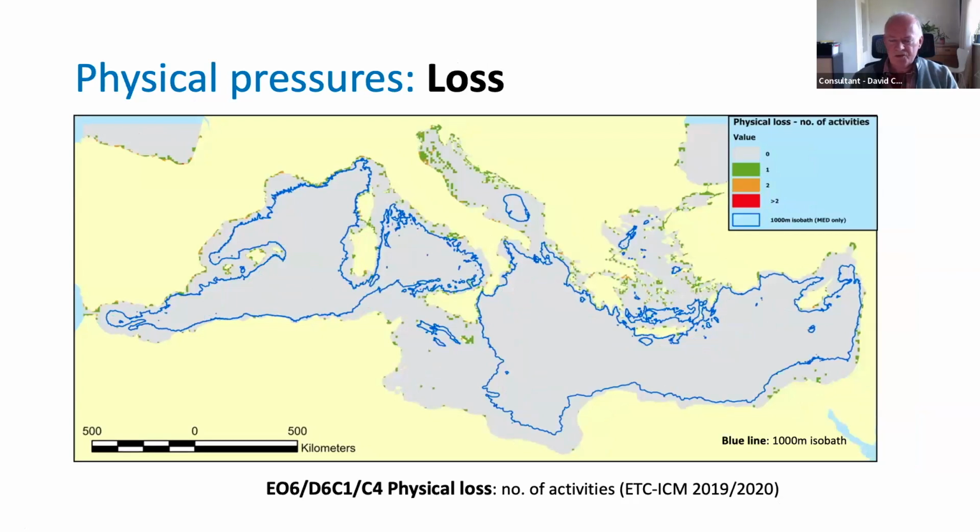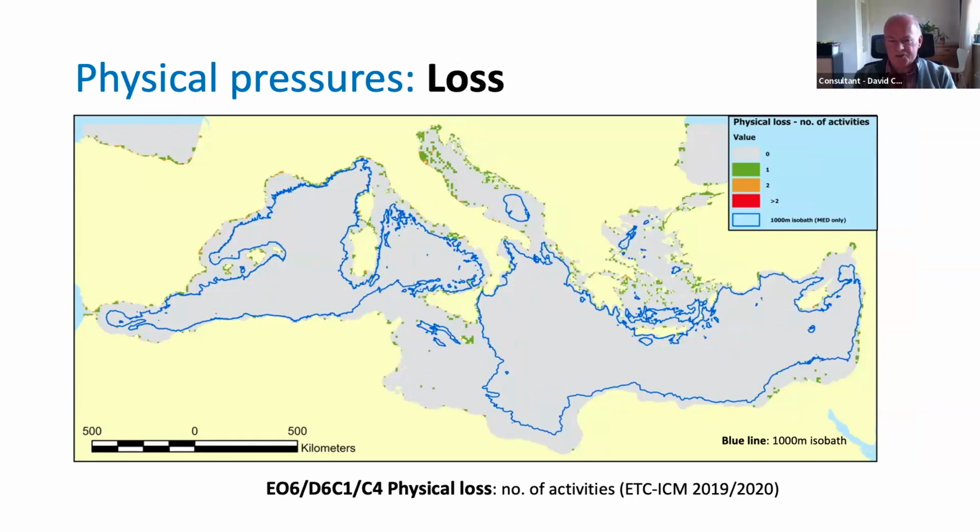When it comes to physical loss of the seabed, it is a very damaging activity, of course, to the natural habitat that was originally there, but that loss tends to be rather small in terms of its footprint.